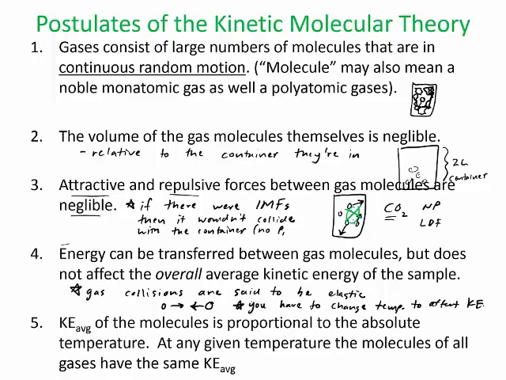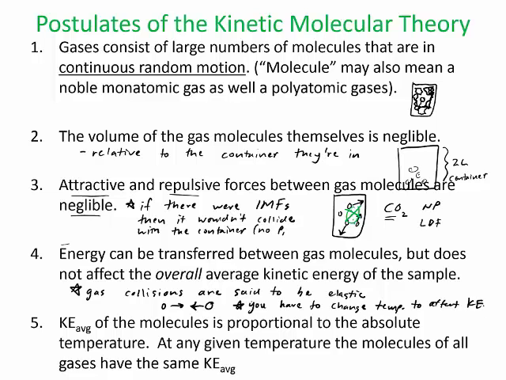But when you factor in kinetic energy, you also have to consider the mass and the velocity that the gas is traveling. If you use a bigger gas molecule, it may be moving slower, but the mass would be bigger. So when you multiply the two, you would get the same kinetic energy. So the only way to change kinetic energy is to change the temperature. Even when they collide with themselves and the sides of the container, it doesn't change kinetic energy.